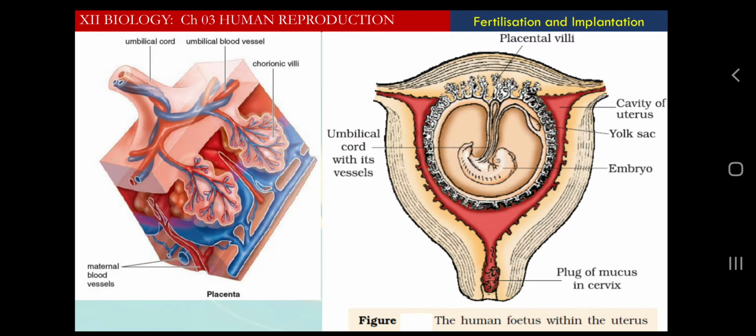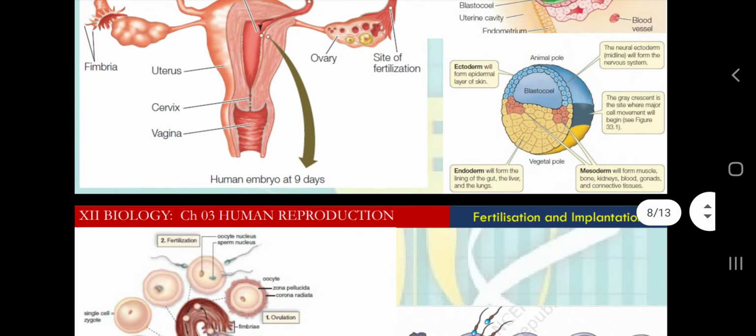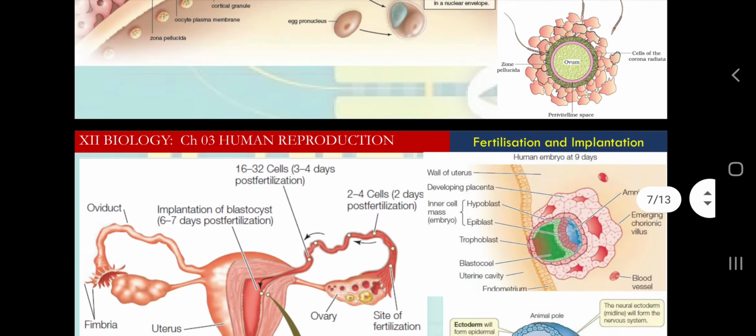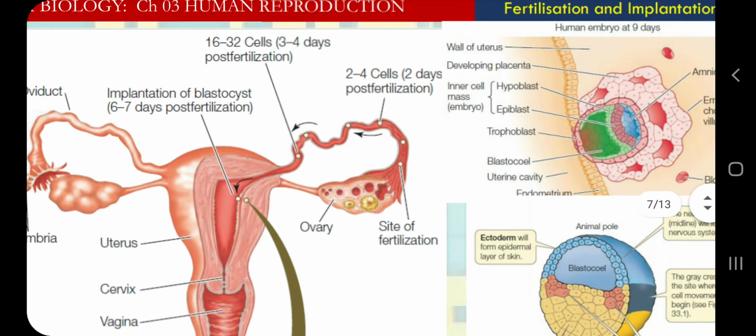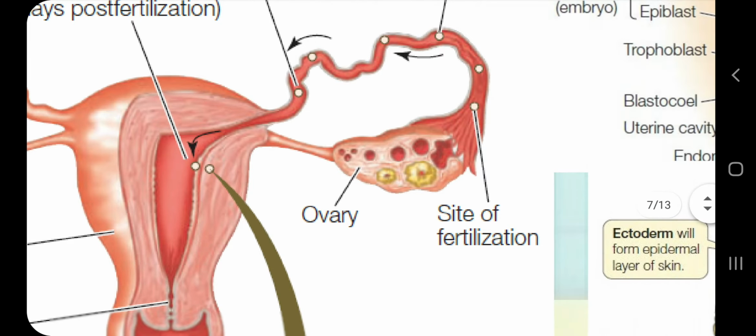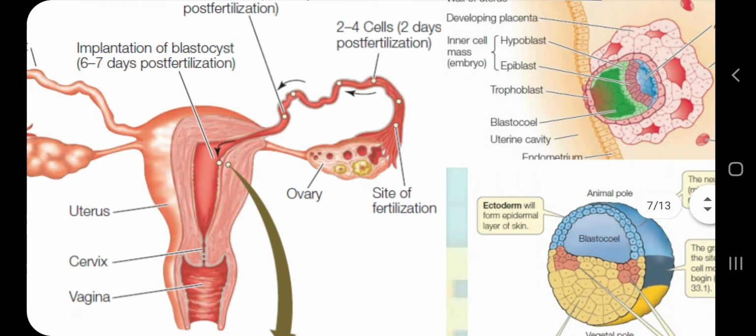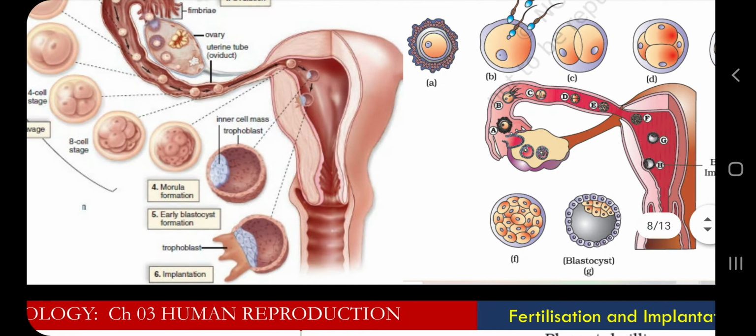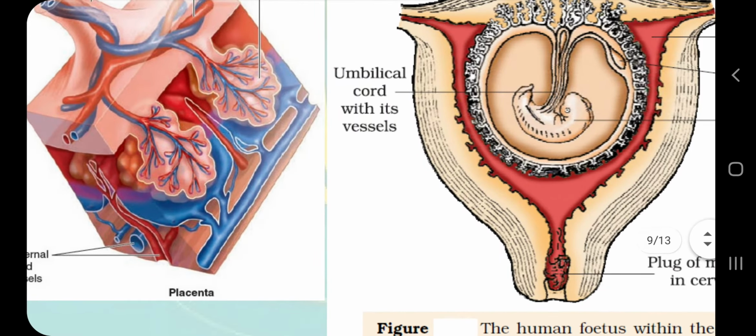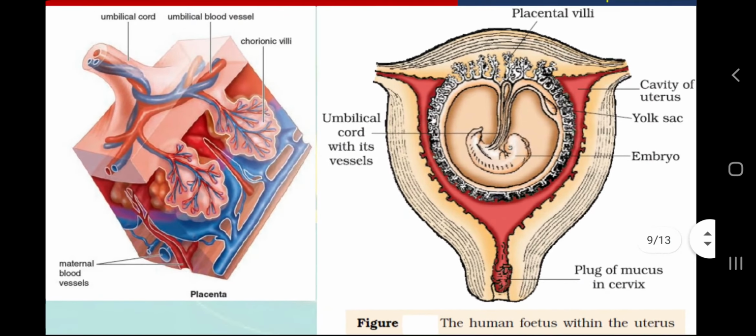And if the egg is fertilized, which is not a normal condition, but if the egg is fertilized and implanted, then in the ovary, again I will show you, the corpus luteum will not degrade, but it will proliferate, and it will make more progesterone, which will help in sustaining the pregnancy. If you want to recall this discussion, you can refer to my previous video about the human female reproductive system and the hormonal control.